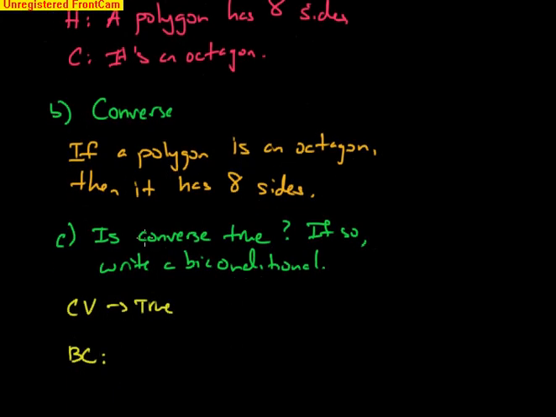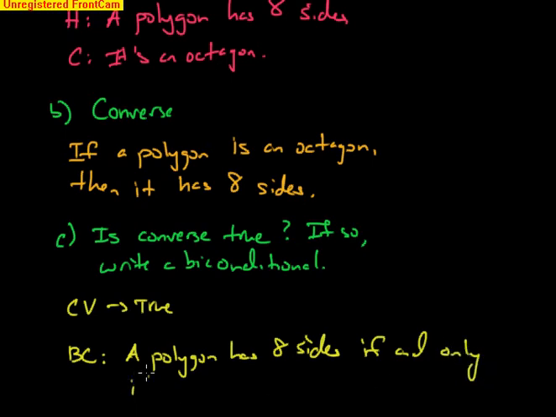I'm going to go into that order. So, the original hypothesis was a polygon has 8 sides. So, a polygon has 8 sides. Now, the tagline, remember, for biconditionals is if and only if, and then I go to the original conclusion.